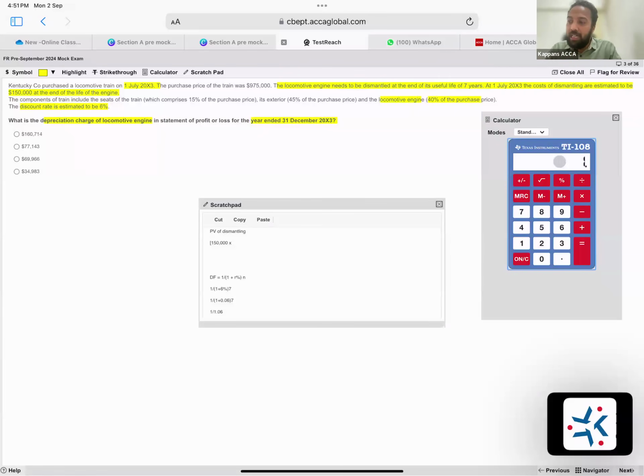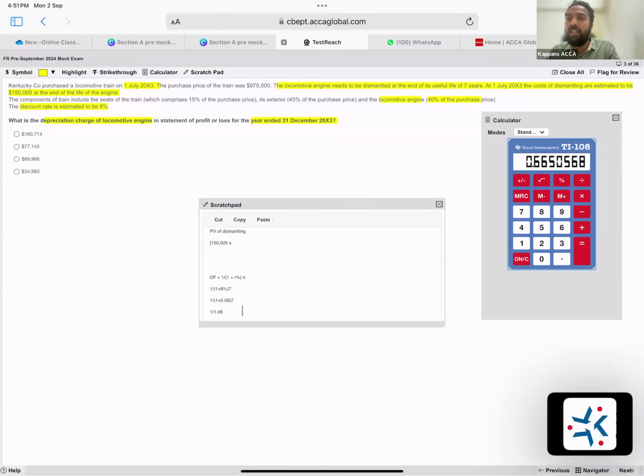You take 1 divided by 1.06, that is 1, divided by 1.06, that is 2, divided by 1.06, that is 3, divided by 1.06, that is 4, divided by 1.06, that is 5, divided by 1.06, that is 6, and finally the seventh one divided by 1.06, that is equal to 0.665.